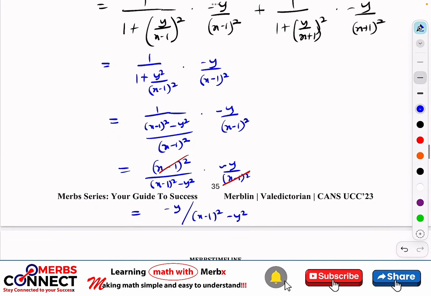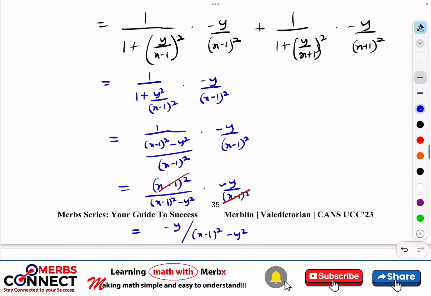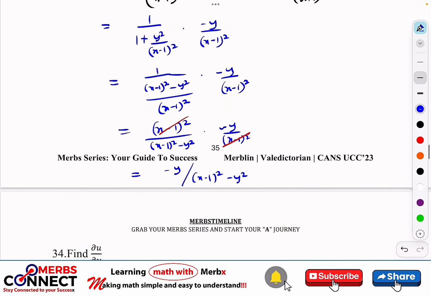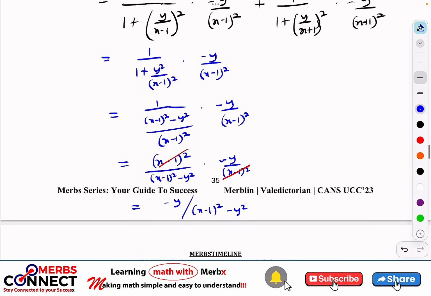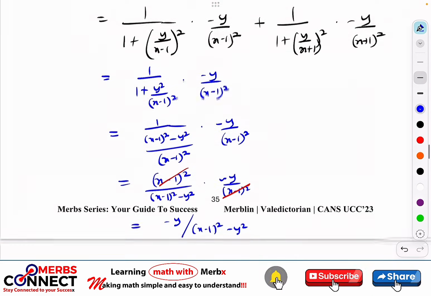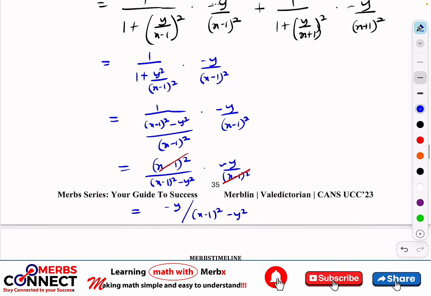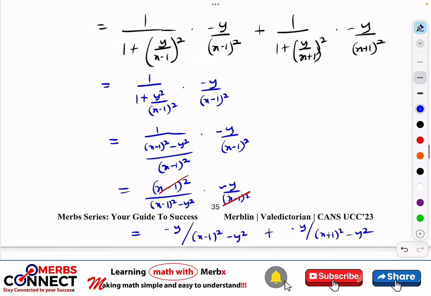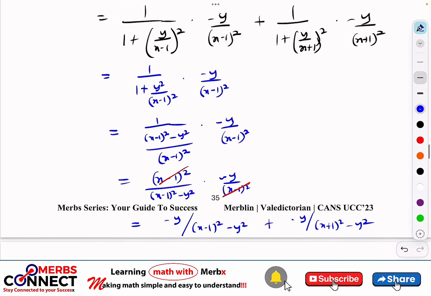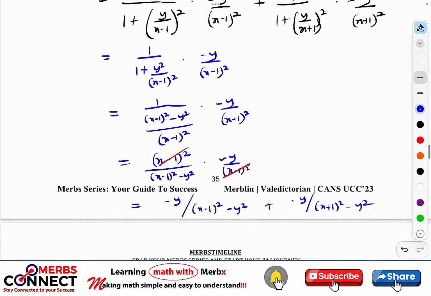So we can follow the same procedure for this because it's just this which is positive. So when I do that, let's see what is going to happen here. This is going to be plus minus y divided by x plus y squared minus y squared. I think so. Oh, is it supposed to be y squared or y? Okay, y squared.